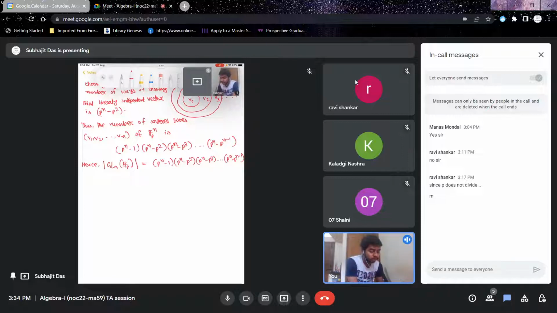So from the first one you take out p, from the second one you take p square, from the third you get p cube, and from the last you get p to the power n minus 1, right? Okay, I missed out a p here.